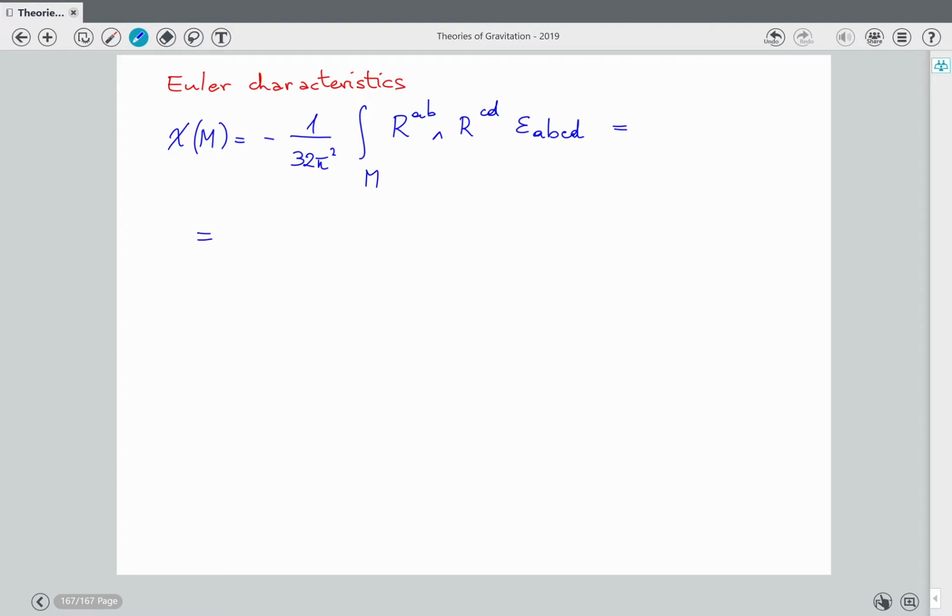Let's use the usual tricks. There is the numerical coefficient in front, there for some reasons that we won't explain here. But anyway, R^AB, that is a form, so let us write it like that. R^CD is also a form.